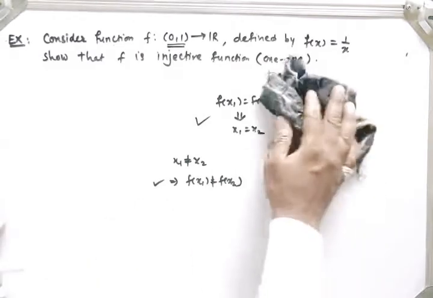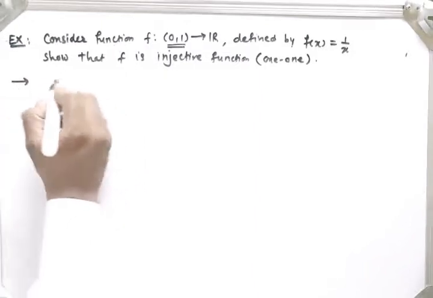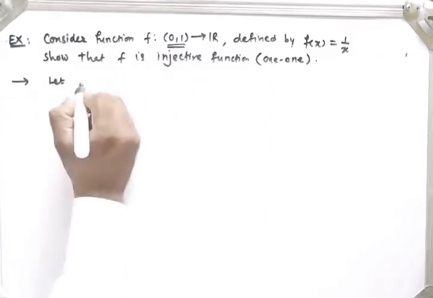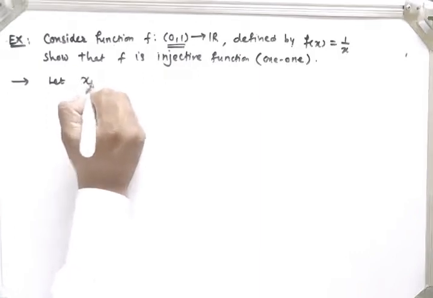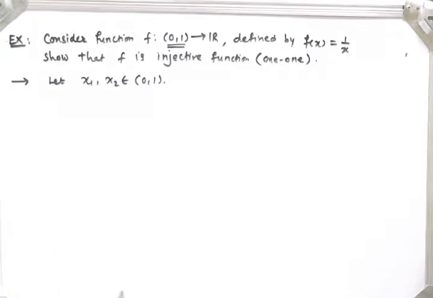Now we will see the solution. So I will take two elements from domain. So let x1, x2 belong to open interval (0, 1).